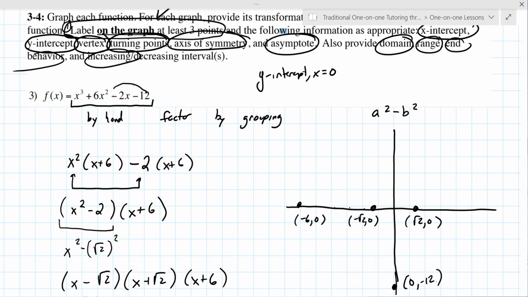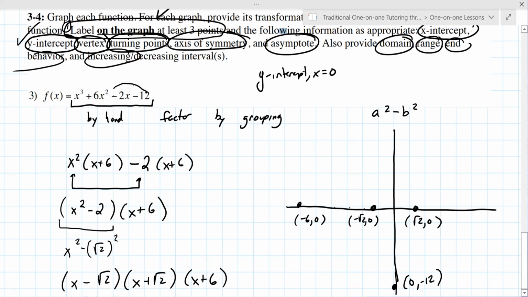And you have a calculator, so you would maybe already know that it starts low and comes up, and then comes down, and then comes back up. So we've already labeled 3 points on the graph. That's the intercepts. We've got a 4th point there, so we've done that. We've got the x-intercept, we've got the y-intercept.